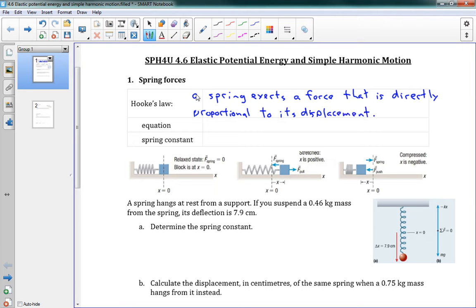So that means the more I stretch a spring, or the more I compress a spring, the more force I'm going to get from it. That's what directly proportional means. As one increases, the other increases.